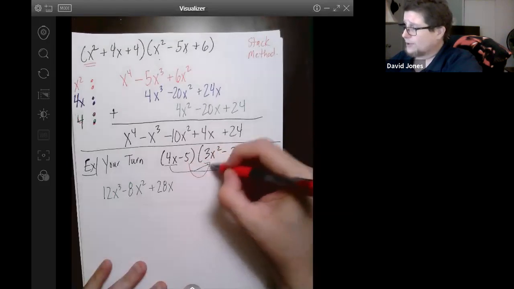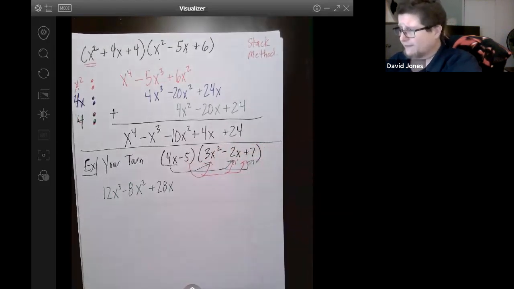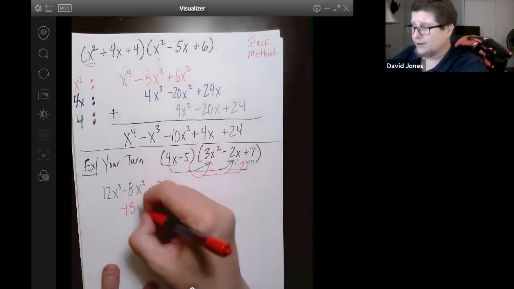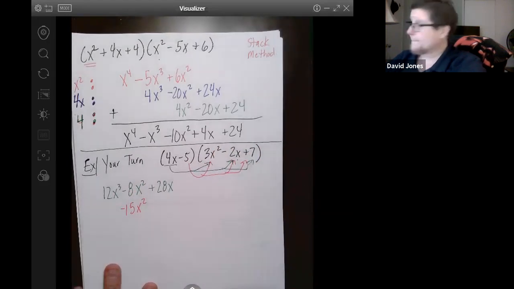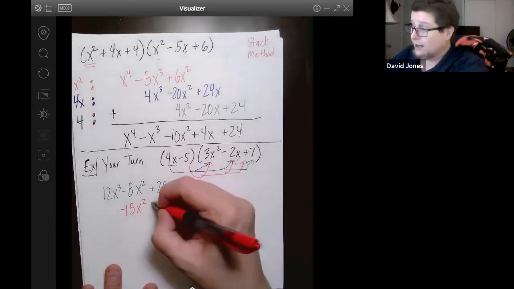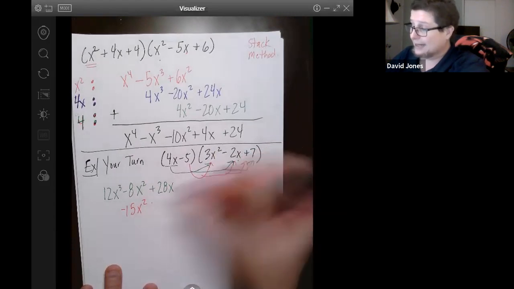Then I'll distribute the negative 5 to everything in the second one. Negative 5 times 3x squared is negative 15x squared. I'll put it under the other x squared. Negative 5 times negative 2, there's 2 negatives, so it becomes positive. 5 times 2 is 10, so positive 10x.